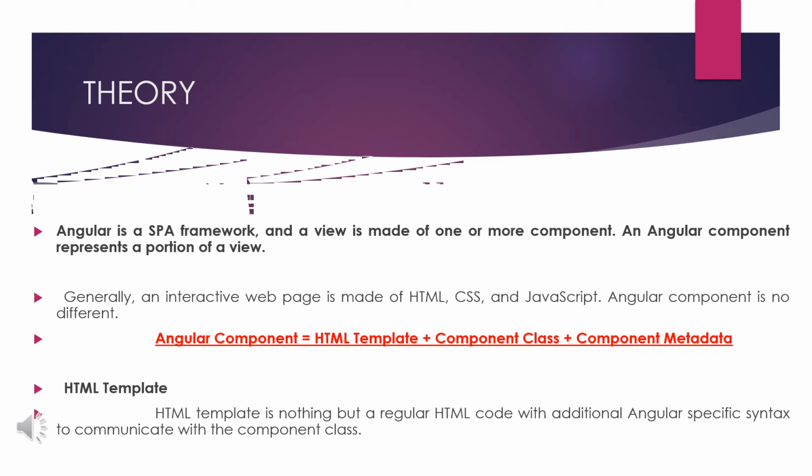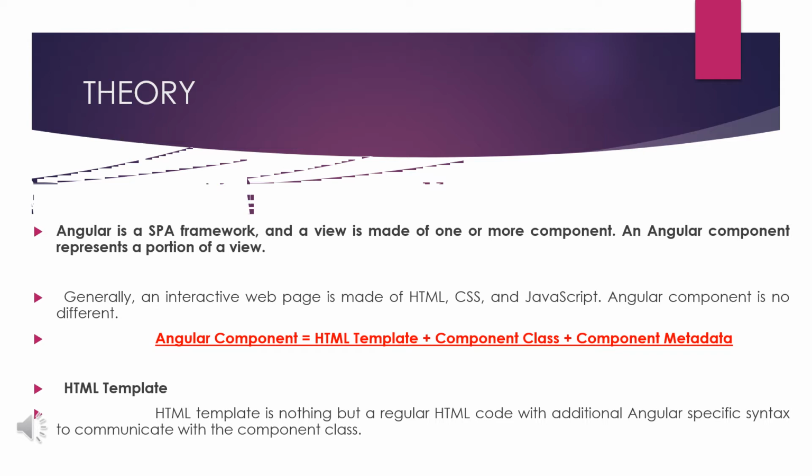So what does an Angular component mean? We can simply say it is an HTML file, a CSS file, a component class and component metadata, which all together form the Angular component. We'll see them one by one. First, the HTML template is simple plain HTML with basic tags.